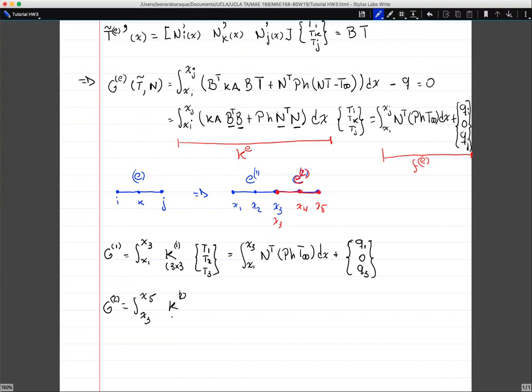We have the same size for the stiffness matrix. And the components with the unknown coefficients are T3, T4, and T5.